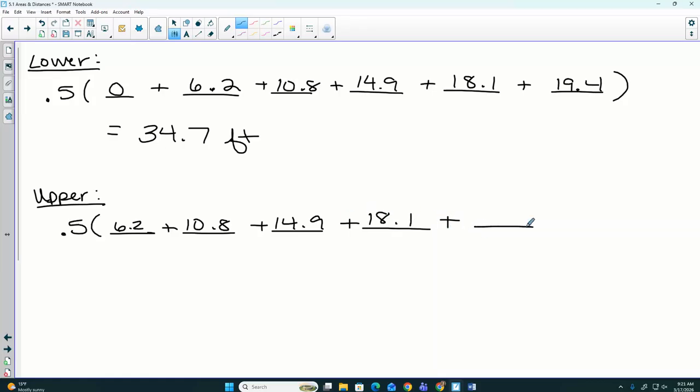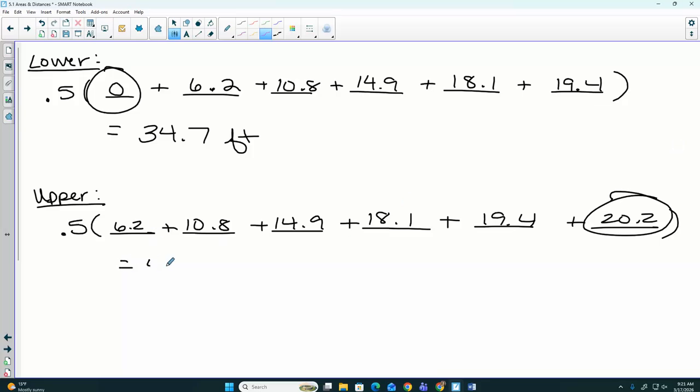Between 2 and 2.5? Between 2.5 and 3? Notice the only difference between these is the first and the last. That gives us 4.8 feet.